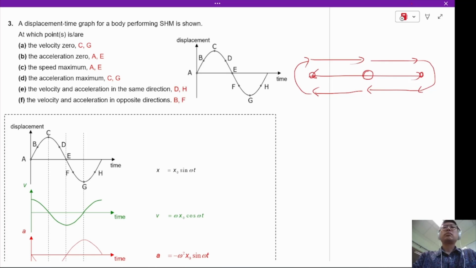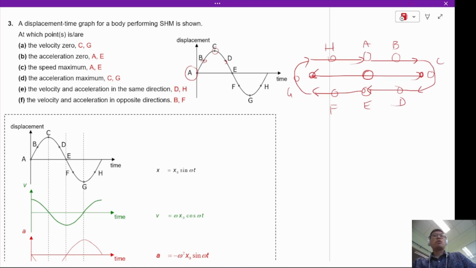This is the object at point A. At point B, the object is over here. At point C, the object is over here. At point D, at point E, at point F, at point G, and at point H.